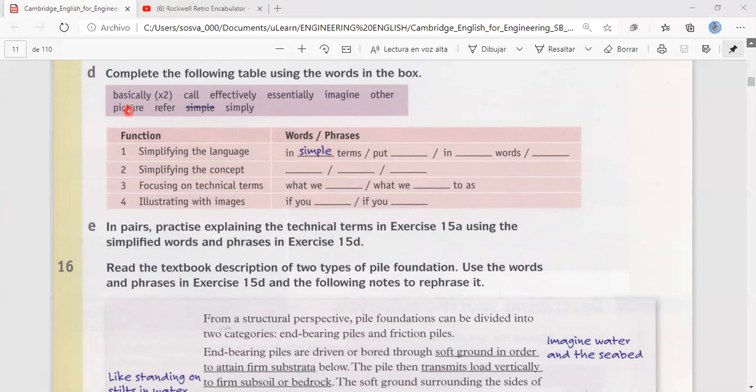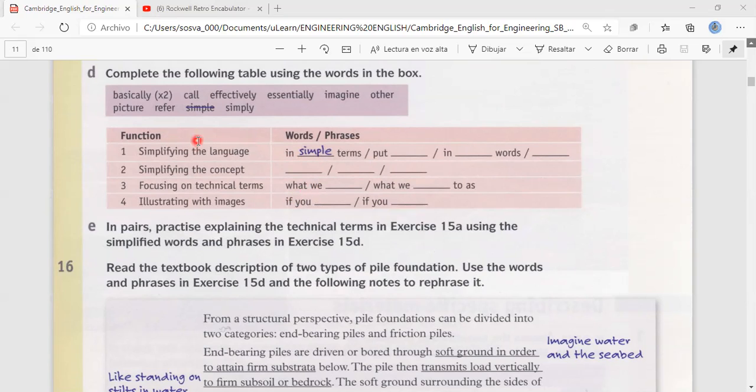You have the box: twice, basically, call, effectively, essentially, imagine, other, picture, refer, and simply. I want you to think about these technical terms. So I'm going to give you 3 minutes, 4 minutes for you to decide which words sound best with what you want to explain.